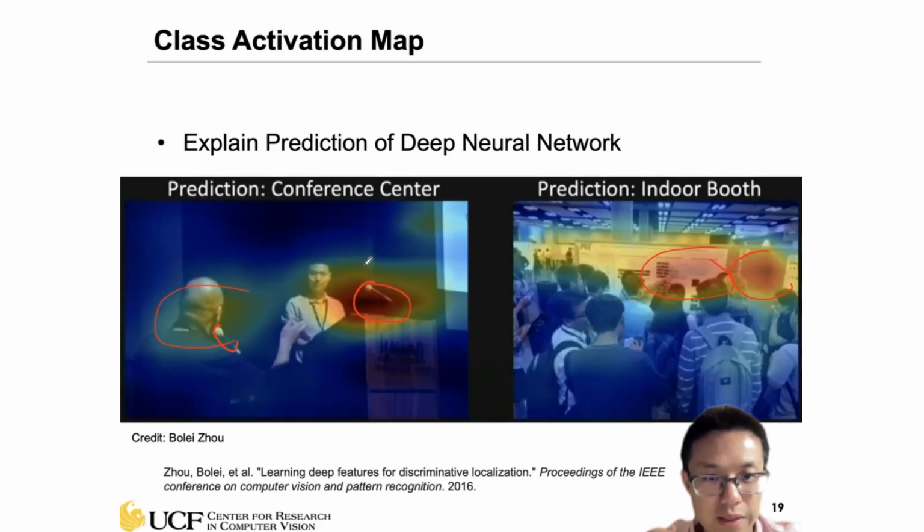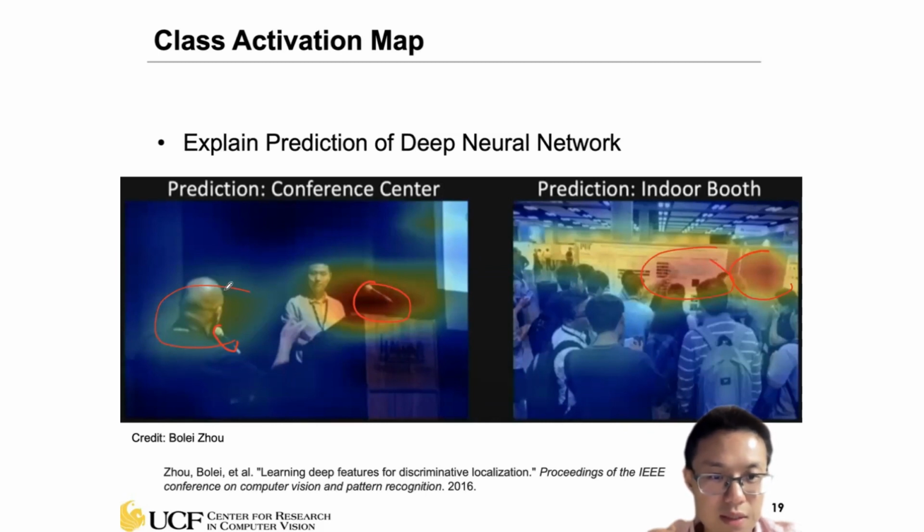And if you look at this example, there's a heat map overlaid on the original input image. You see this reddish, yellowish color? That's called the heat map. Basically, it highlights regions, and the more red the color, the more important those pixels are for the network to make a prediction.